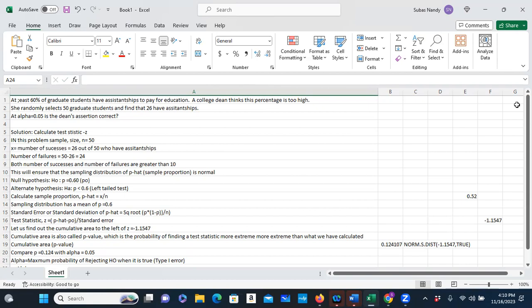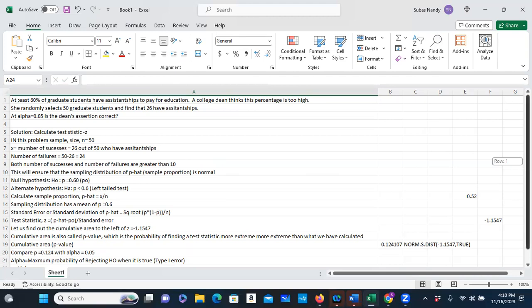So the null hypothesis is p equal to 0.6, and the alternate hypothesis is p less than 0.6, because that's what the dean thinks. It produced a test statistic with a very high probability value, greater than the level of significance. Remember, alpha is the level of significance, the maximum probability of making a type 1 error. P-value is greater than alpha. Decision: fail to reject H0.